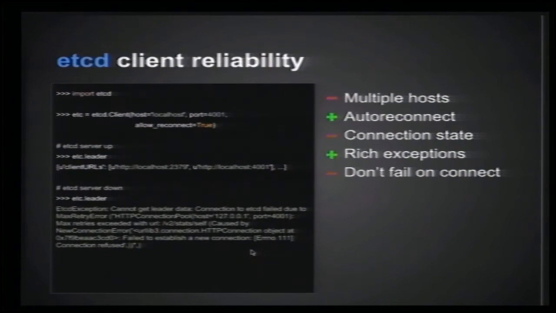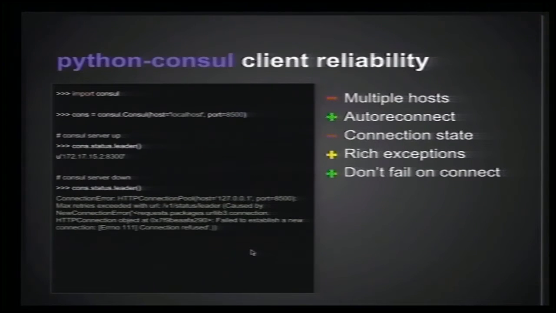And it does fail on connect. The Python-consul one is, well, not as good as the ZCZK one, because it doesn't support multiple hosts either. It also has an auto-reconnect feature.